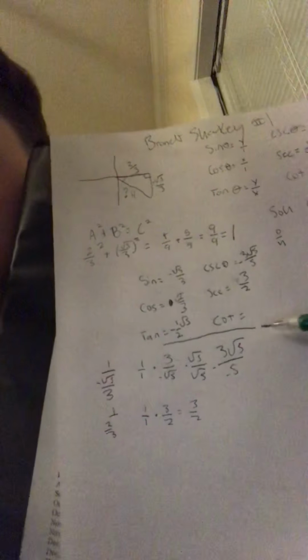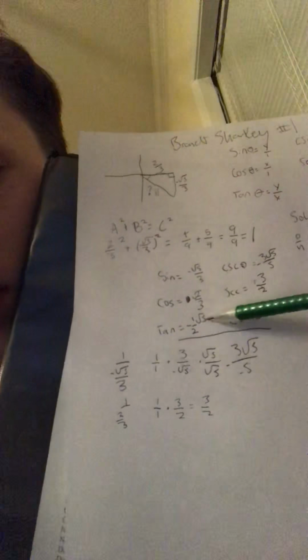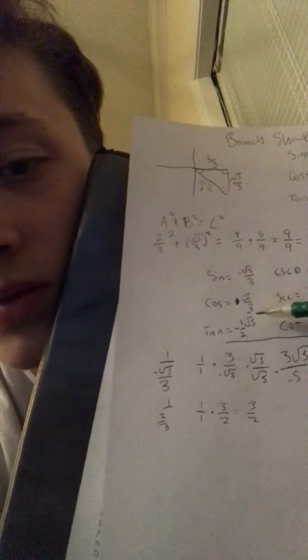The last one is this. Since tangent is y over x, cotangent is x over y. So x is 2 over 3 over negative square root of 5 over 3.